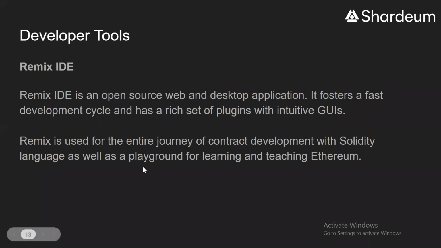So Remix is used for the entire journey of contract development with the Solidity language, as well as a playground for learning and teaching Ethereum. So this IDE has everything. We just need to go to Remix and start coding. Everything will be present in there only. So this is one of the cool tools where we will be developing our smart contracts.